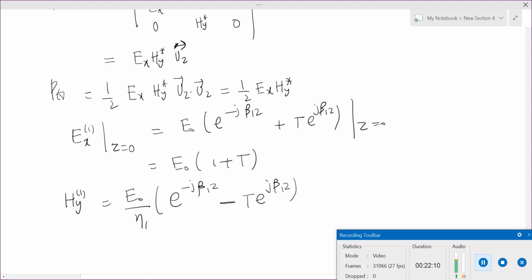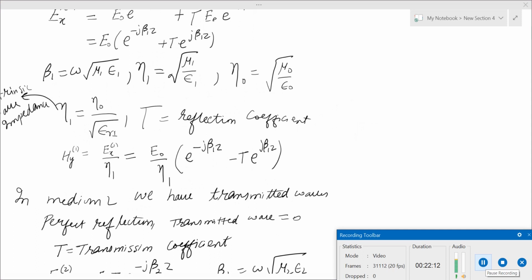I think I need to tell that beforehand also. I have written here minus gamma, whereas for the electric field it is plus. The reason is that we want to keep the direction of propagation the same. Before reflection, the direction of the electric field was Ux and the magnetic field was Uy.